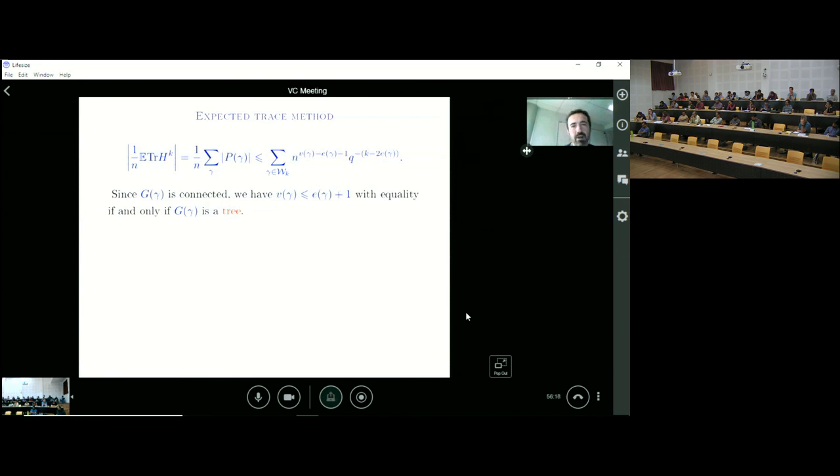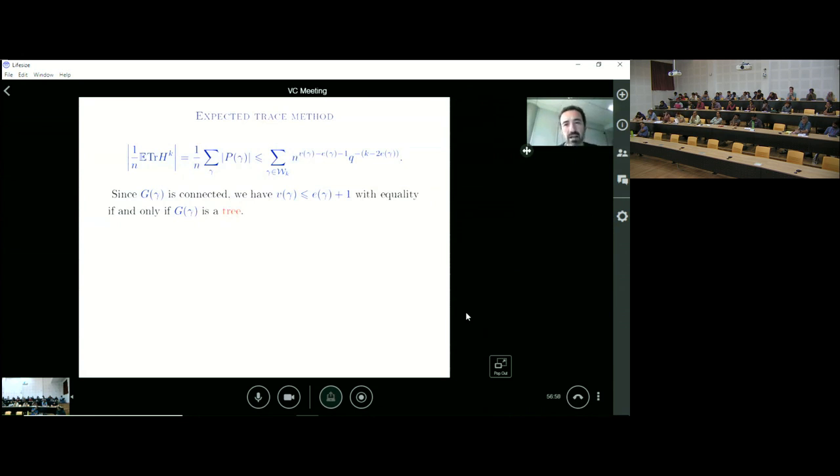Okay, so we have an exponent here, n power V gamma minus E gamma minus 1, which goes to 0 if you're not a tree. And the second exponent, q power minus k minus 2 E gamma, as we have already commented, you will remember that q goes to infinity. So you want to visit the maximal number of edges.